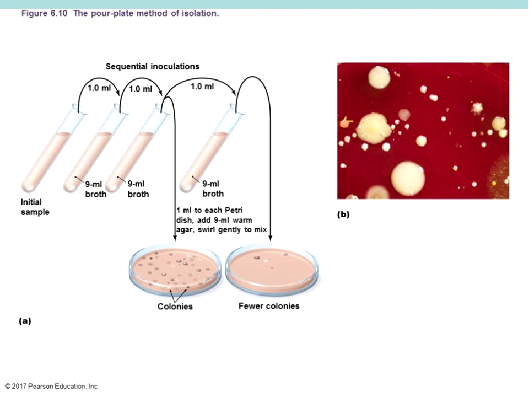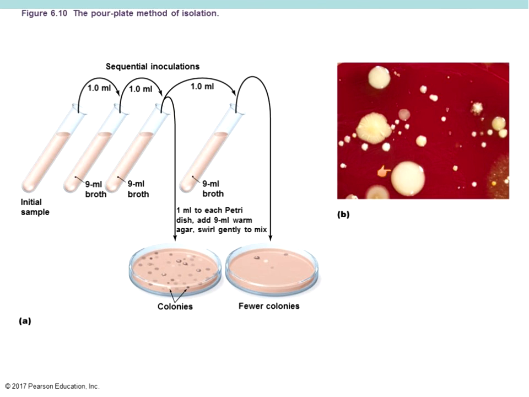And that makes it very easy. Notice how you have all these different types of colonies, and if you wanted to get this one here, it might be difficult because it may be contaminated from this colony or that colony touching it. This colony would probably be easier to transfer because it's sitting by itself.